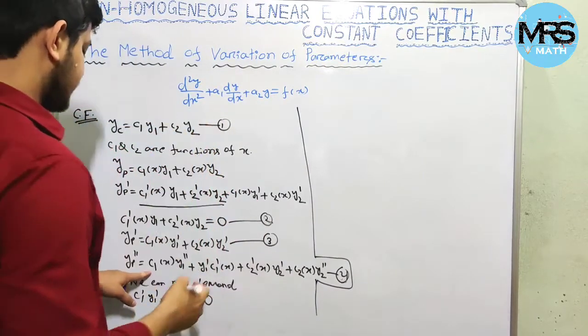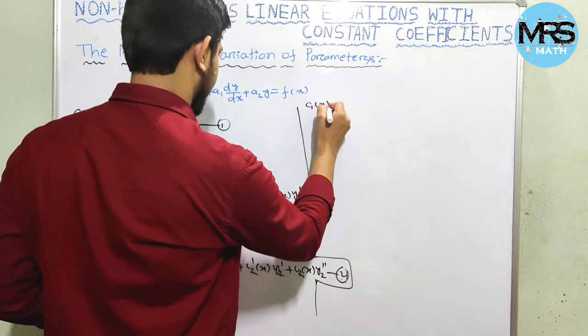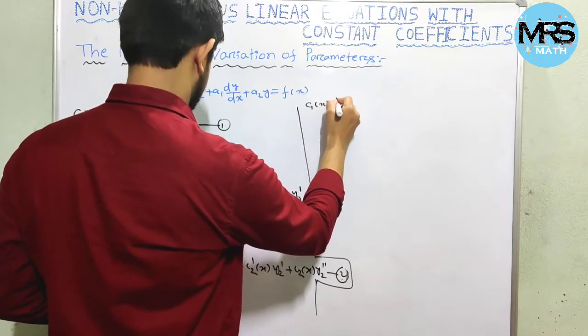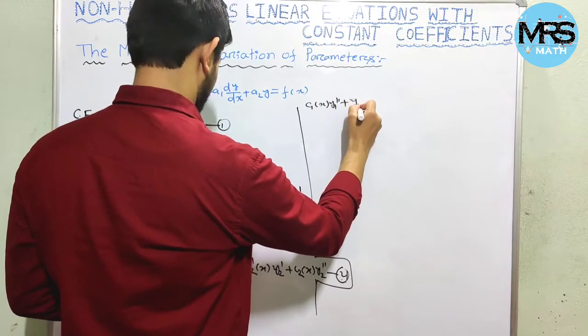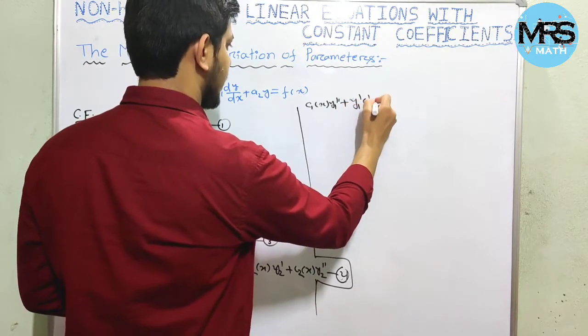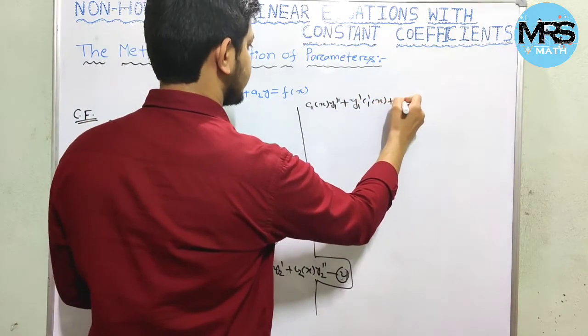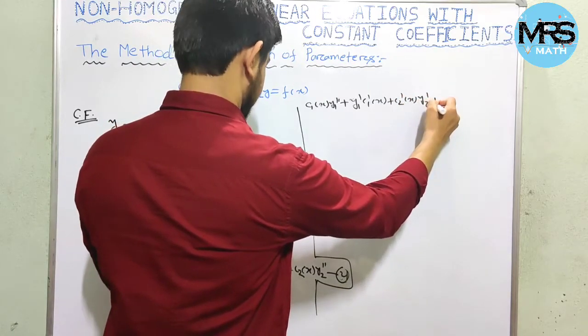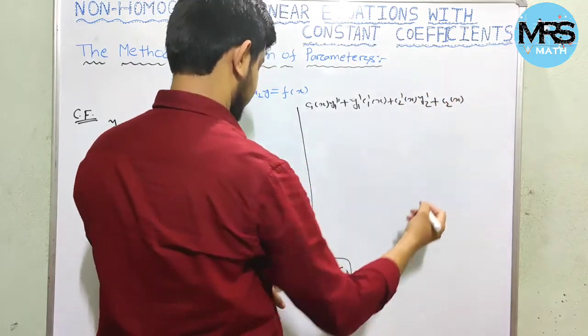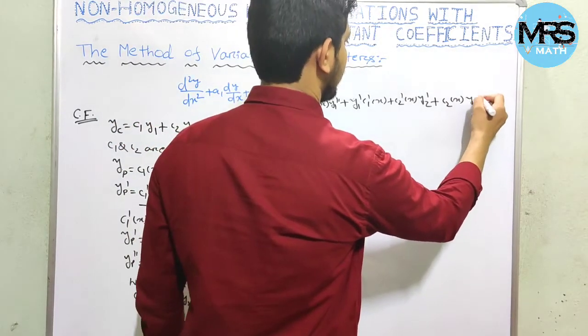y2 double dash, right? So c1 of x y1 double dash plus y1 dash c1 dash x plus c2 dash y2 dash plus c2 of x y2 double dash.